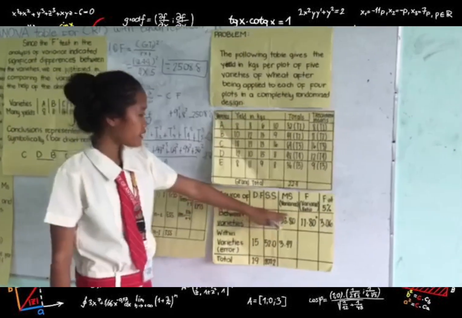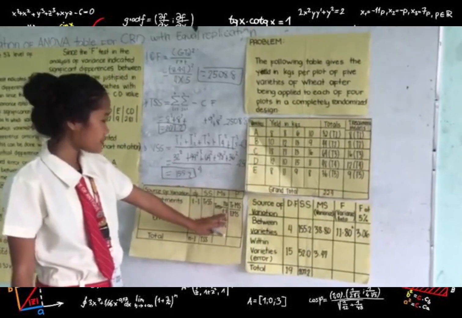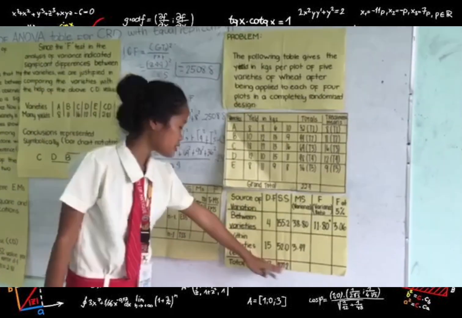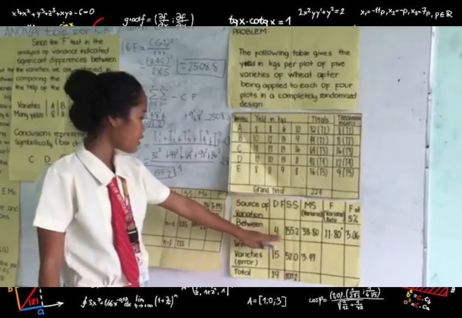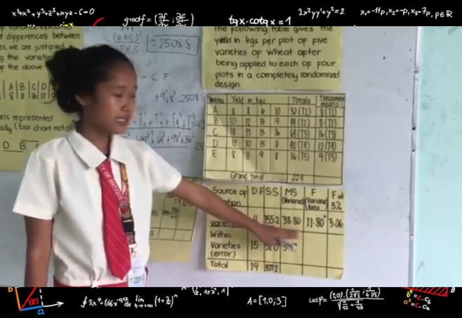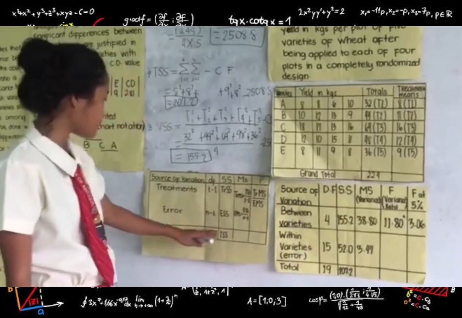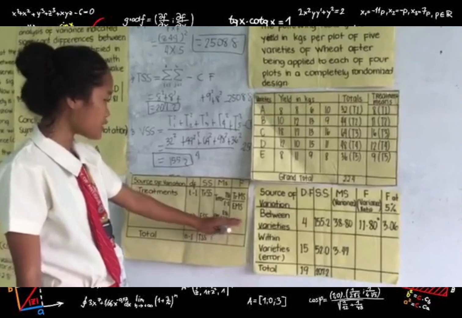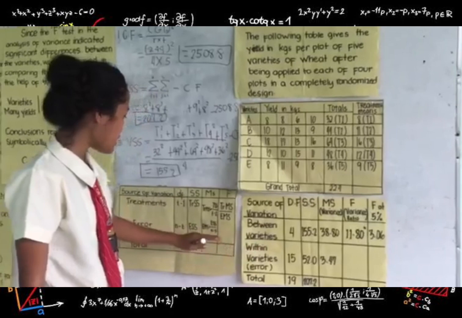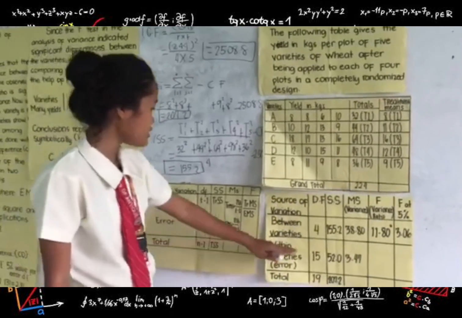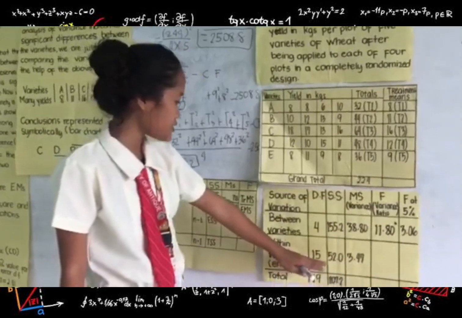For the mean square variance, we have our formula here: TRMS is equal to TSS divided by T minus 1. Our TSS is 207.2. We divide it by T minus 1, which is 4. The result will be 38.80. Next, for the within varieties error mean square variance, EMS is equal to ESS divided by N minus T. Our ESS is 52. We divide by N minus T, which is 15.